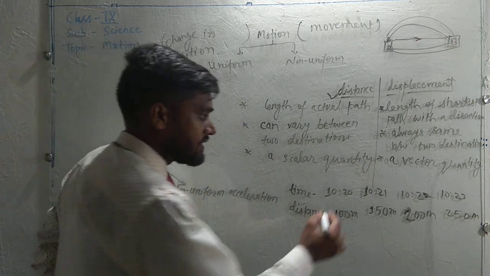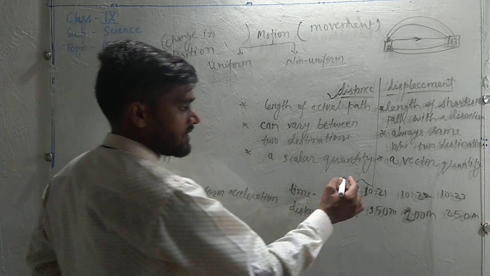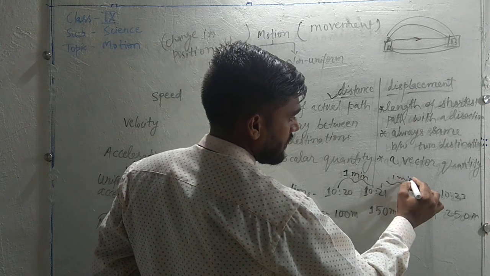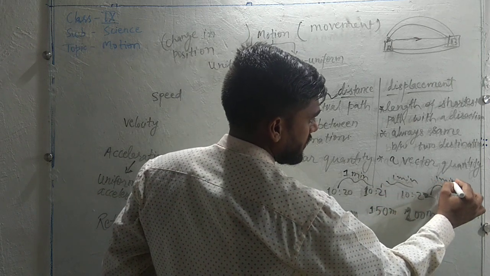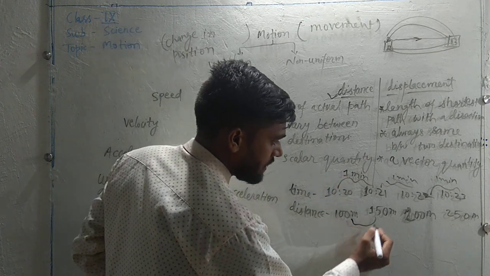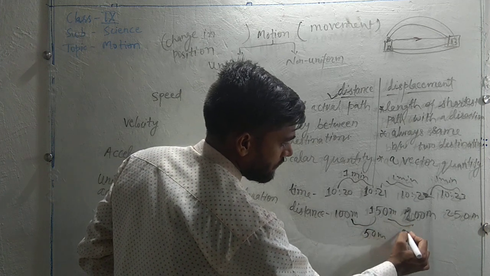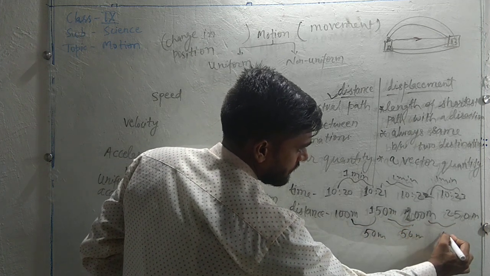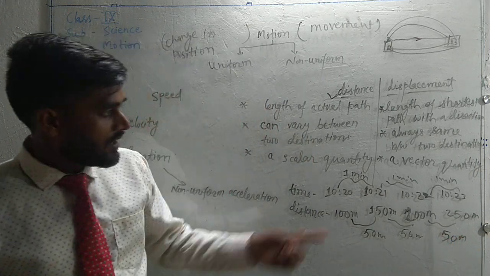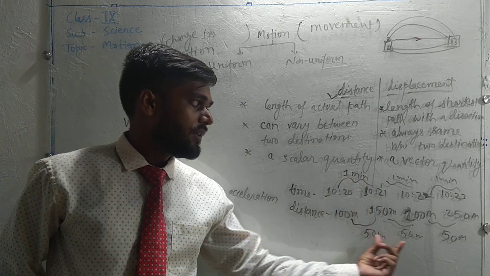So what is the difference between the two time intervals? The time interval is 1 minute. Here it is also 1 minute, 1 minute. So in 1 minute, what is the difference between the two distances? 50 meters. These two also 50 meters, these two also 50 meters. So in every minute it is covering 50 meters.